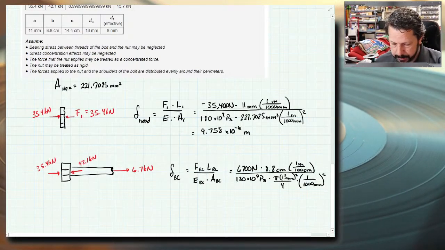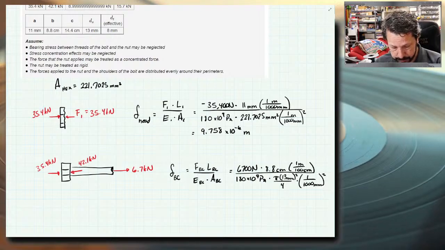All right, so this one should come out positive, being stretched. And let's see, we have 13 squared times pi divided by 4 divided by 1,000 twice, times 180 times 10 to the ninth. That's our denominator. 6,700 times 8.8 divided by 100 divided by our denominator.